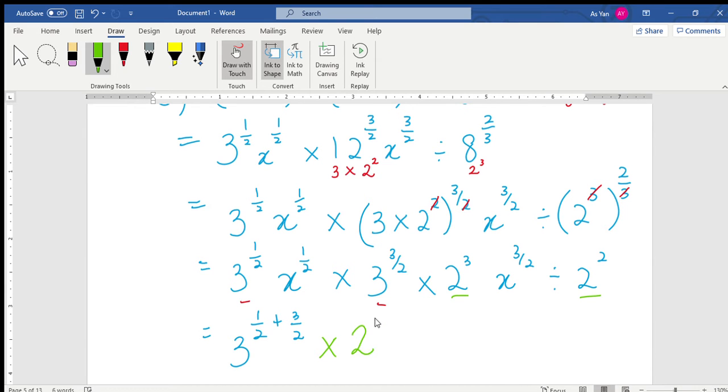Divide means minus, so minus 2. Okay, we did already for the base 2.